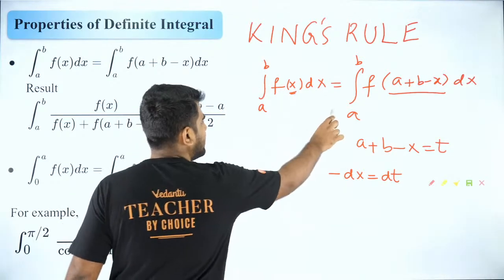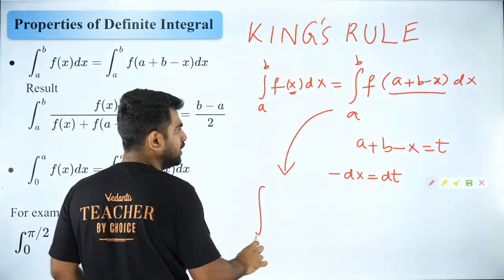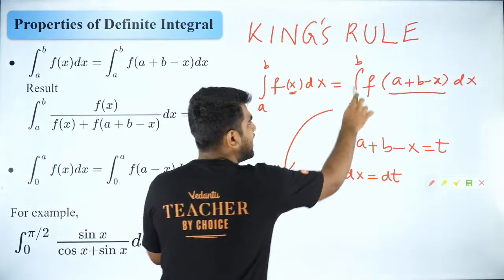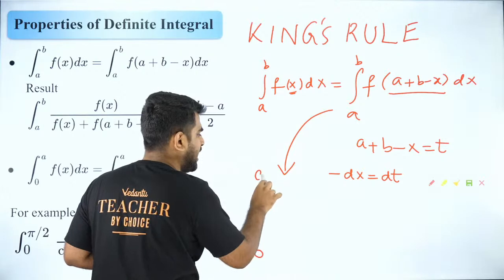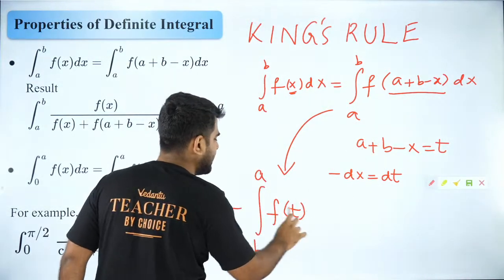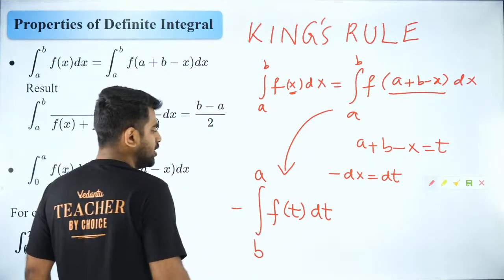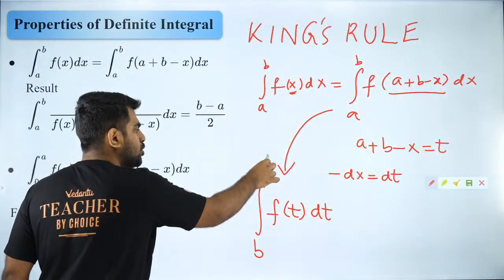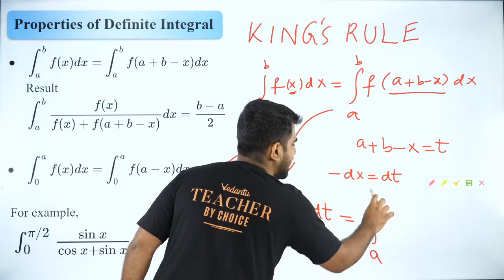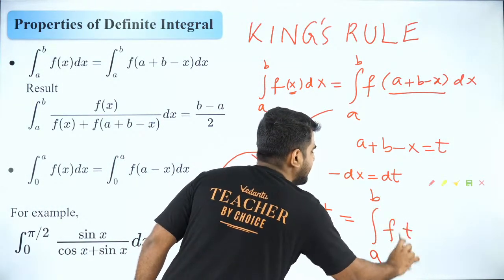So can I say this integral will become integral, if x is a, t will be b. If x is b, t will be a. You will have f of t and dx is minus dt. Now the negative sign is there, so can I change my limits? Can I say that will become integral a to b f of t dt?